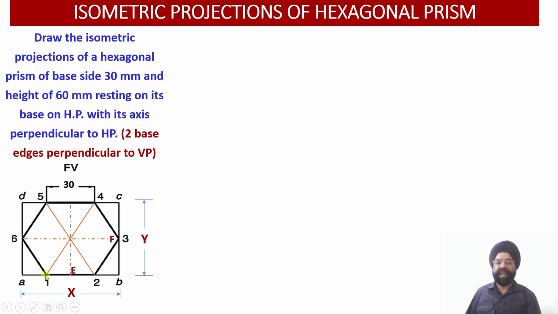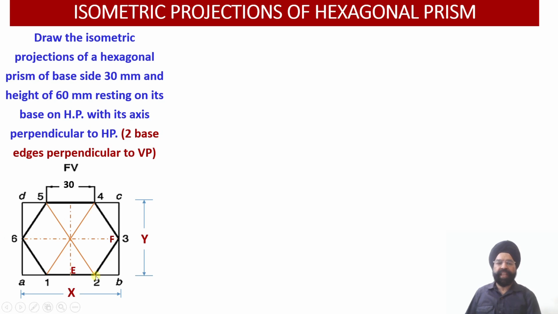Now in this case we have worked out that we cannot draw this hexagon straight away onto the isometric projection. The reason is that only two of the edges, that is 1-2 and 4-5, are the only edges of this hexagonal prism which lie on the isometric axes or on the isometric lines.